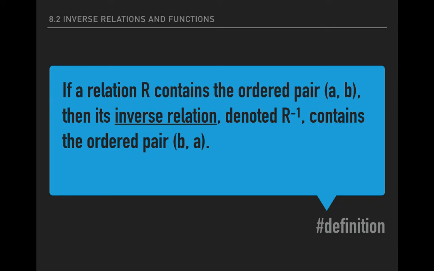So what happens with an inverse is the values of the domain become the range, and the values of the range become the domain. Essentially, your x and y values get flipped.